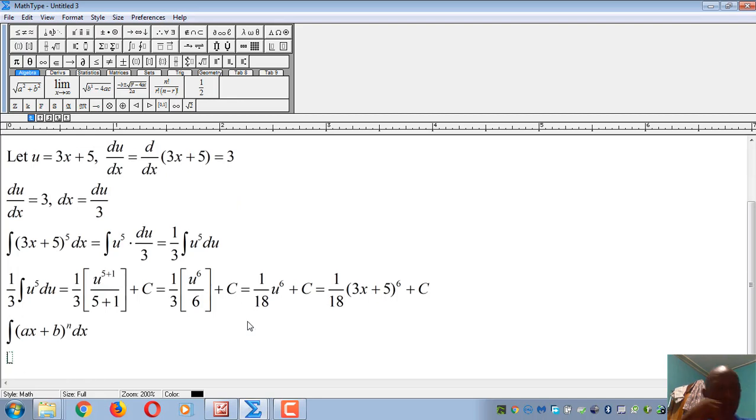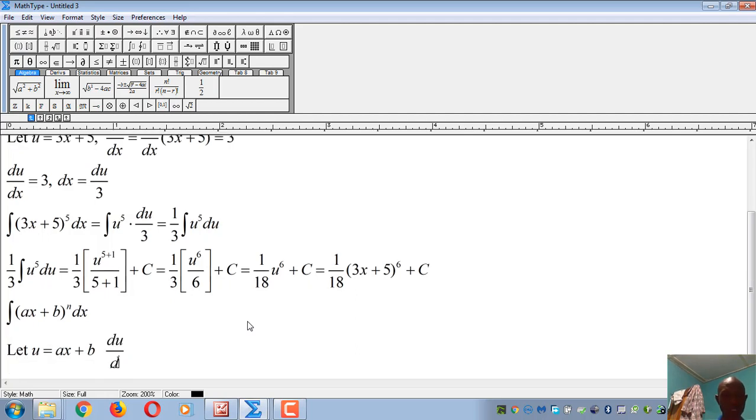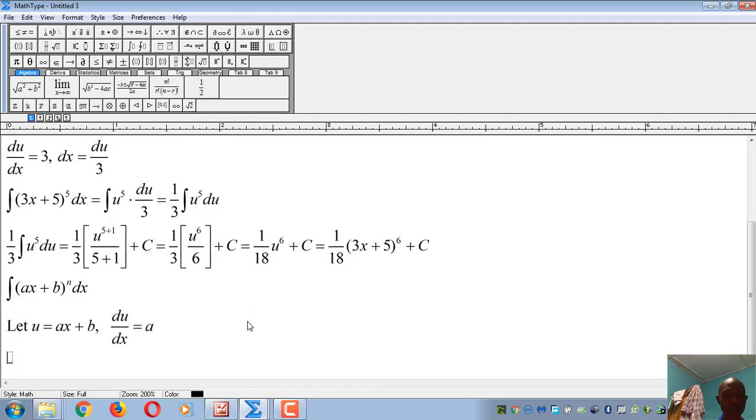First, let u be equal to ax + b. So du/dx is equal to a. If that is the case, then dx is equal to du over a.